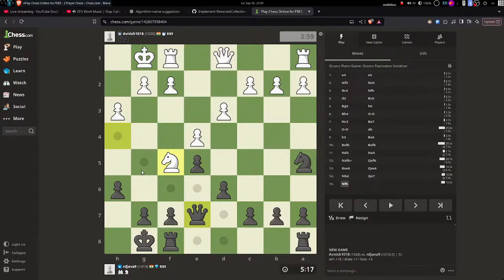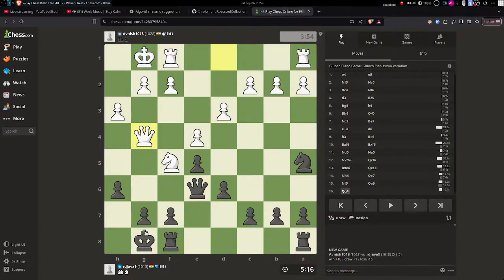I don't know how to feel about this position, right? The knight is planted in my position, so that is bad. One thing I can try doing is, but yeah, that would be a disaster, right?